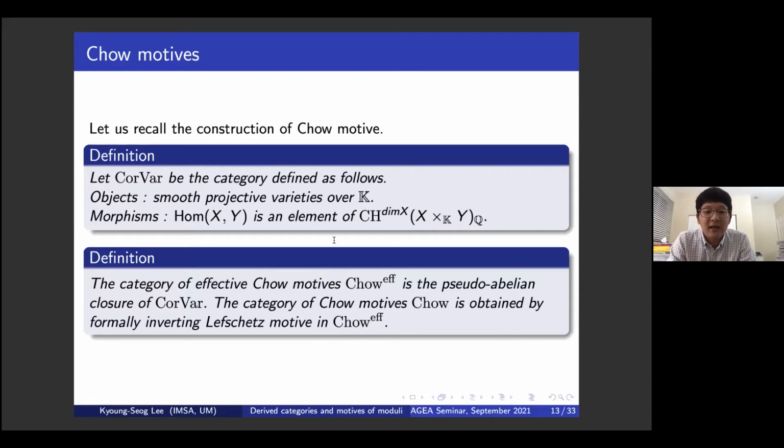Then I take the pseudo-abelian closure of this category, which gives me the so-called effective Chow motifs. Then I invert the Lefschetz motif to obtain the category of Chow motifs. This is the second category of motifs we will discuss.